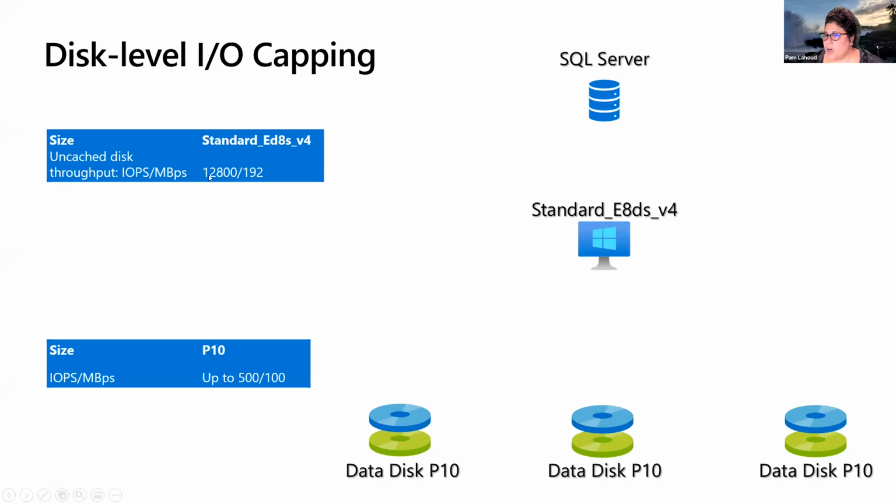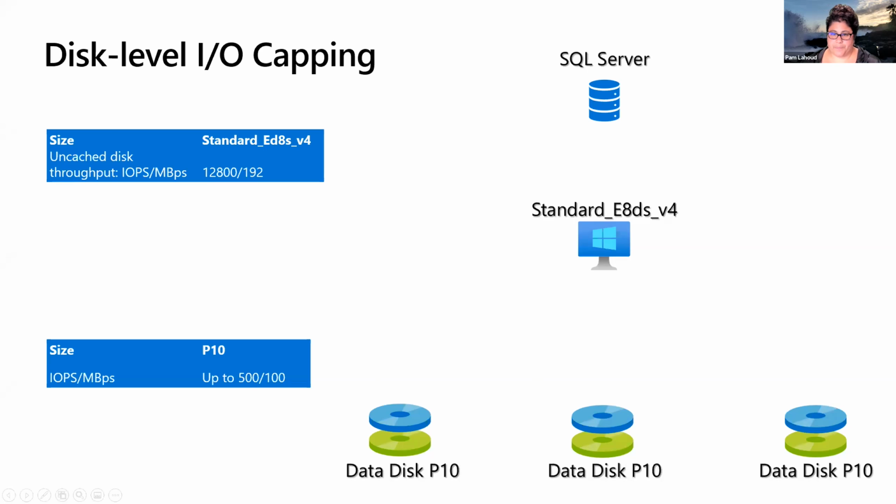It's capable of 12,800 IOPS and 192 megabytes per second of throughput. And in this example, we're assuming that we've attached some P10 drives, which are smaller than what I recommended, which was the P30. So the P10s can only go up to 500 IOPS and 100 megabytes per second of throughput.